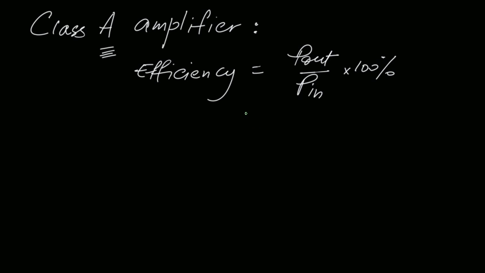For the Class A amplifiers that we've seen in class, the efficiency never exceeds 30%, and most of the time it's around 20%. That means for every 5 watts that your amplifier consumes, only 1 watt comes out at the output. So 4 watts are simply wasted.